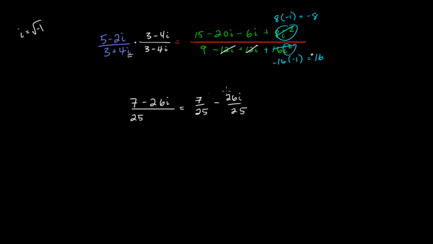And this is a better form because we have our real component and we have our imaginary component here. So this would be the simplified version of this original quotient. Like I said, the reason why we had to simplify this and multiply by the conjugate is because i is really a radical and we can't have radicals in the denominator, so we had to rationalize.